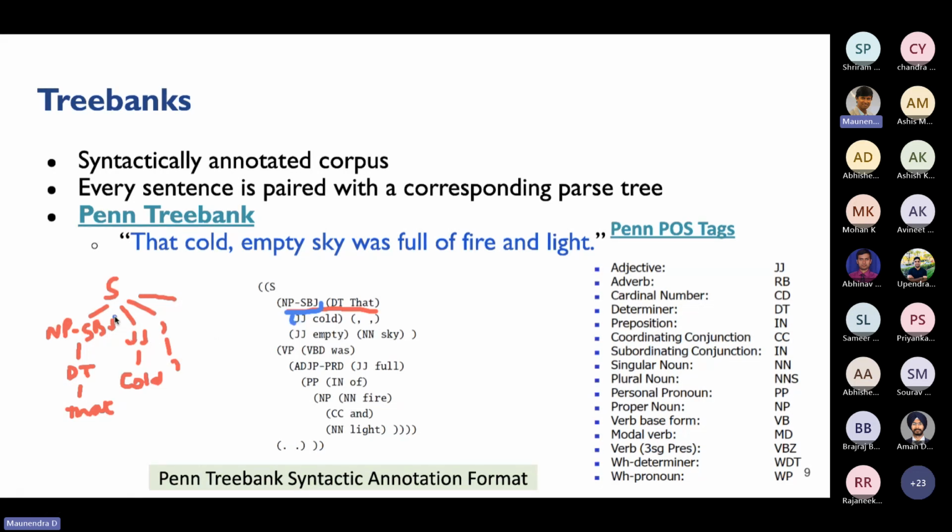This will be connected with NP-SBJ, and this empty also will be connected with NP-SBJ. JJ, this will be empty. And then we have NN sky, which is also connected with NP-SBJ.